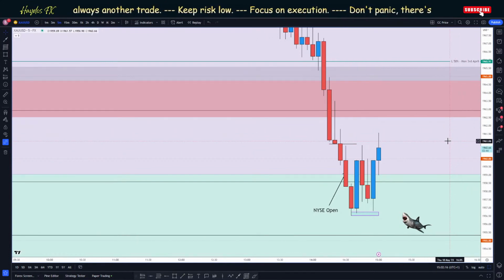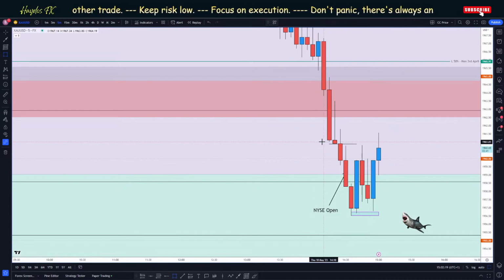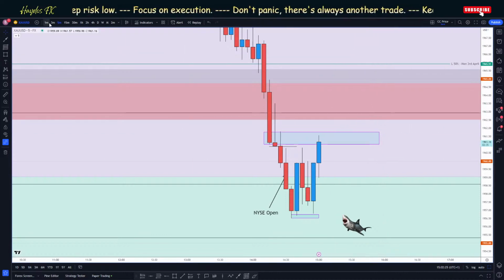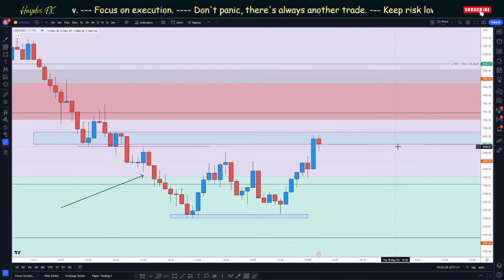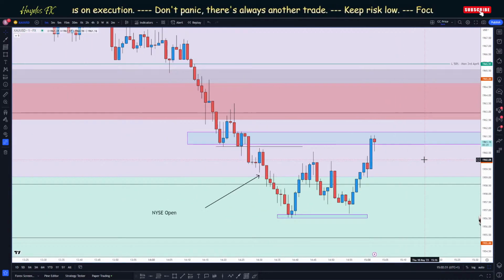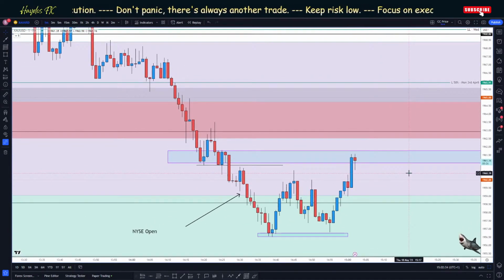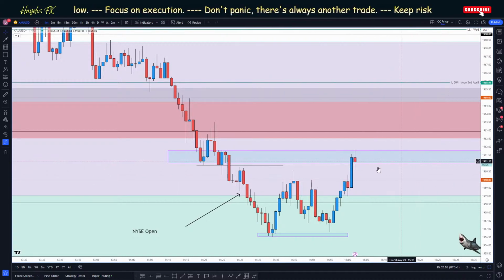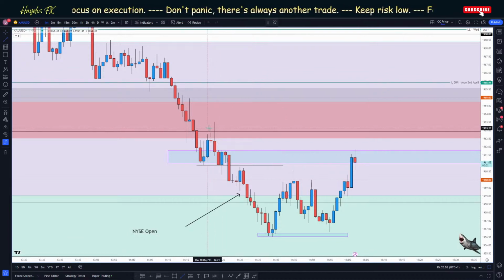Just got to contend with these wicks. Should get quite a bit of momentum once we can break above here.